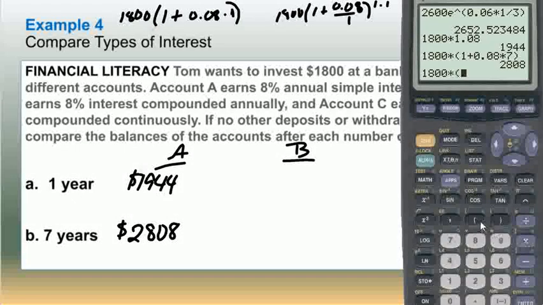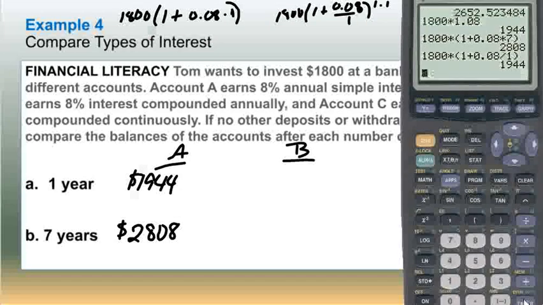times parentheses 1 plus 0.08 divided by 1 raised to the first power to give us 1,944. No difference for 1 year.